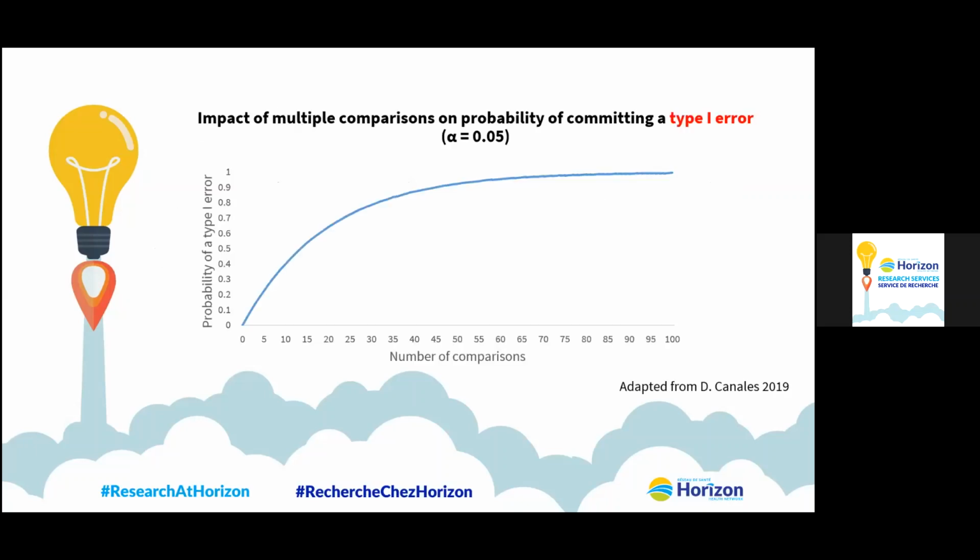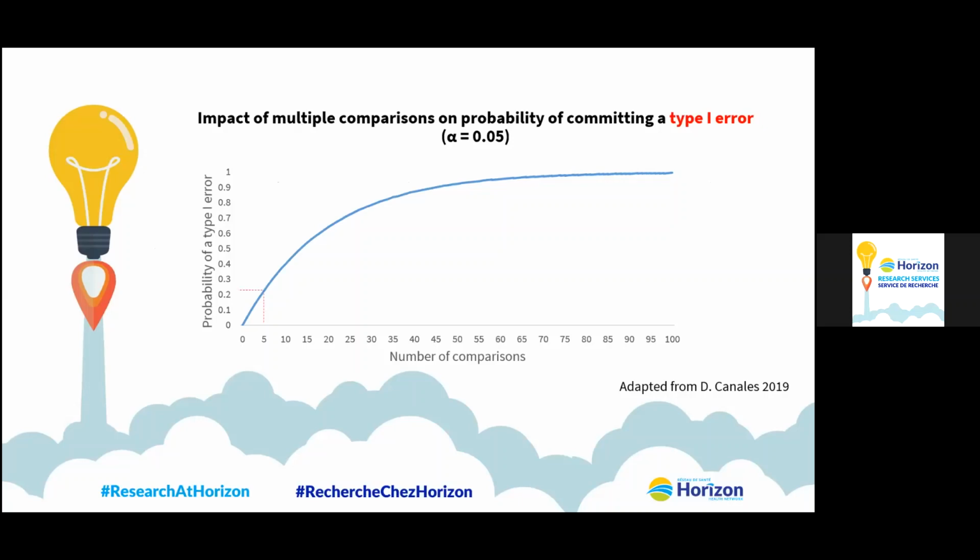So my colleague Donaldo Canales calculated in 2019 the impact of multiple comparisons on the probability of committing a type 1 error, and he put this into an Excel sheet and provided that to me. So I adapted this into a graph just to illustrate this impact of multiple comparisons.